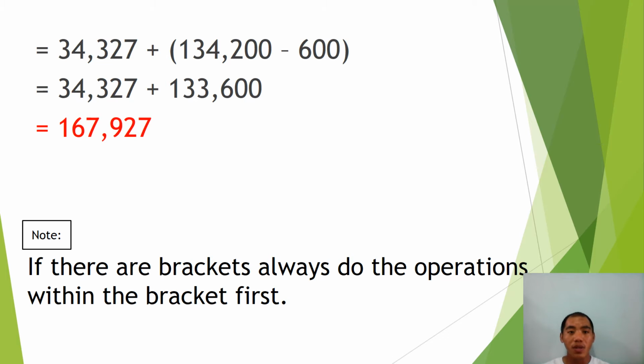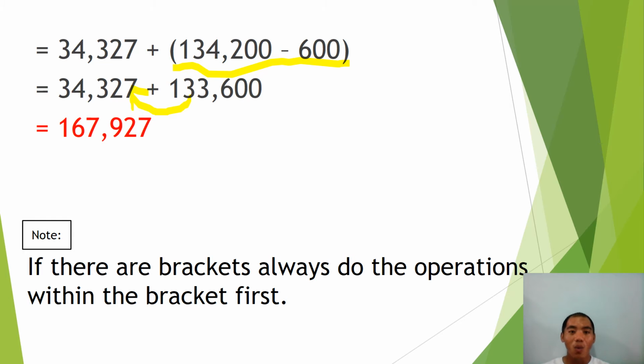So subtract first 134,200 minus 600, and then you are going to add 34,327.